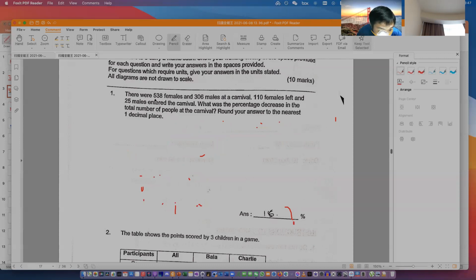I start with 538 female, and then 306 male. Let me tidy up a little bit more. And then it says 110 left.